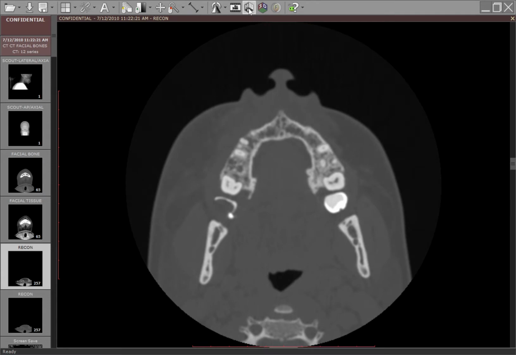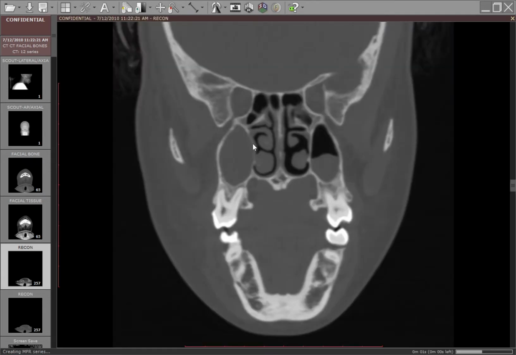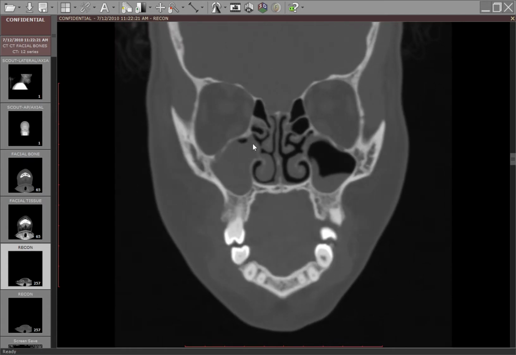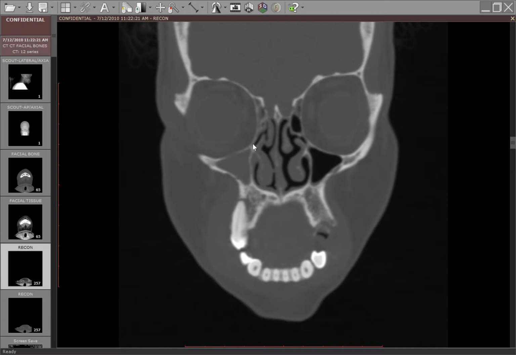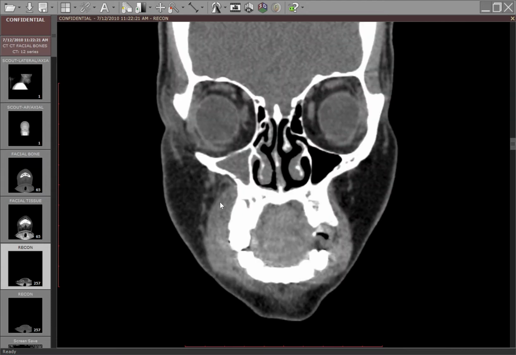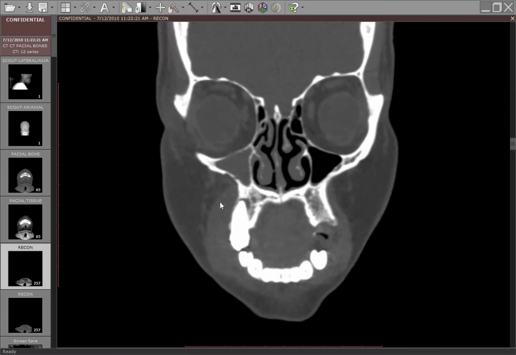Okay, the next thing I want to show you, let's go to the coronal plane. Okay, here's that same tooth, that right maxillary first premolar with the thinning and cortical dehiscence on the, it's called the labial or buccal side. And then you have the soft tissue swelling, which you can better see on those windows.